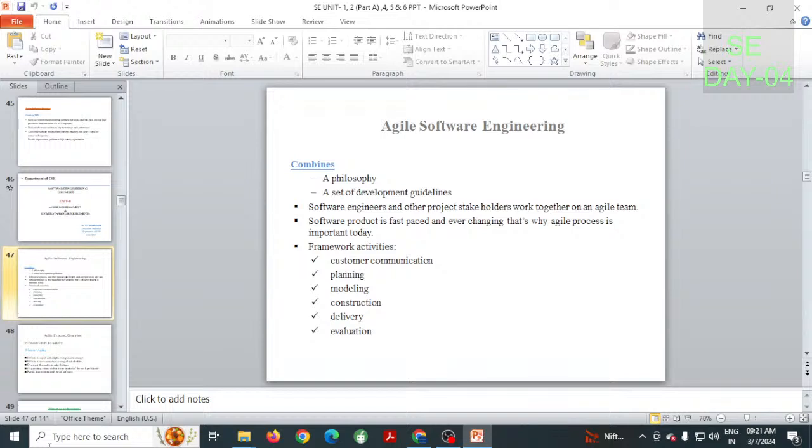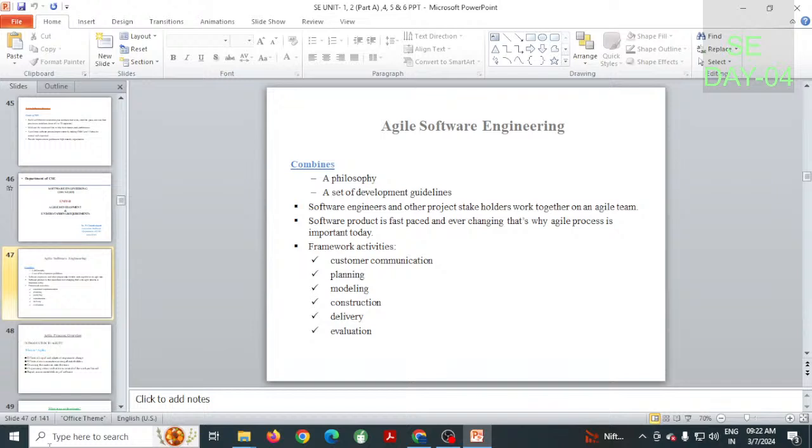The activities in the agile framework start from communication, especially customer communication, and planning and modeling, construction, delivery, and evaluation.